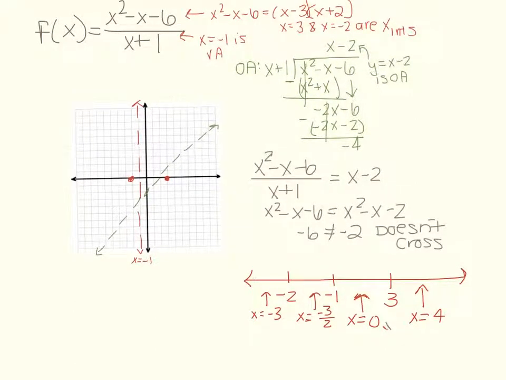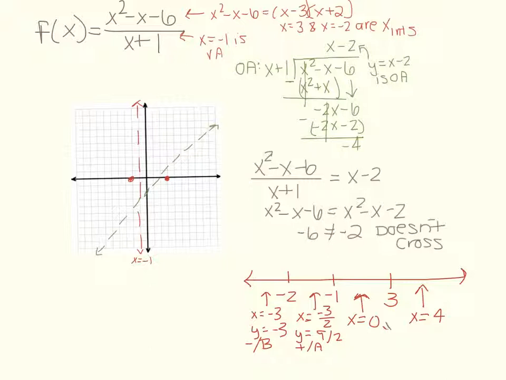Move everything up just a little bit so I have some room to write. So if x is equal to -3 after plugging everything in, I get that y is also equal to -3. So it's going to be below because it is negative. When x is equal to -3 halves, y is actually going to equal +9 halves, which is positive, so it's going to be above.